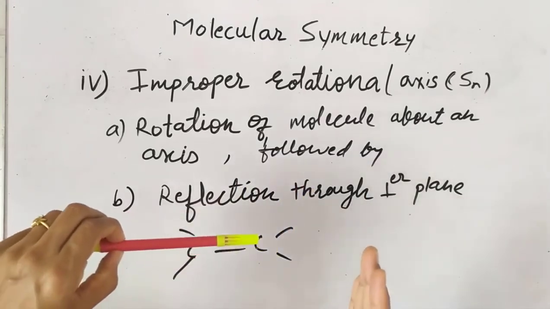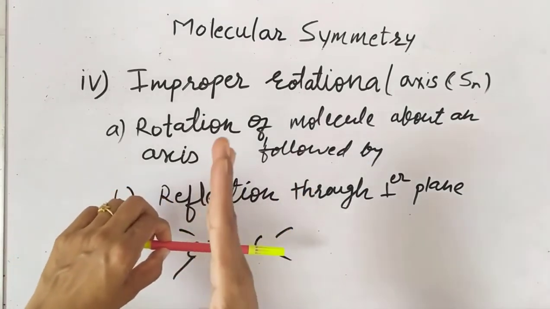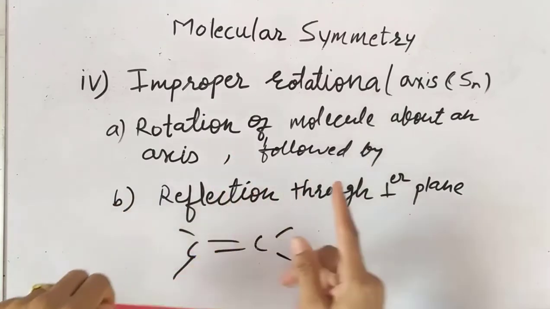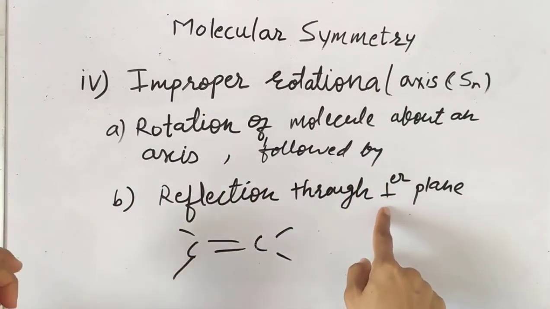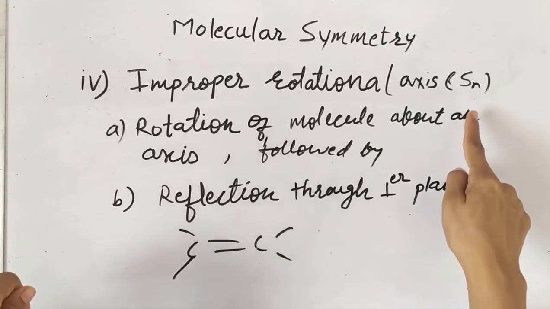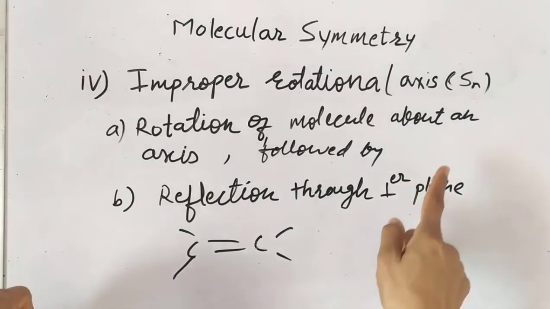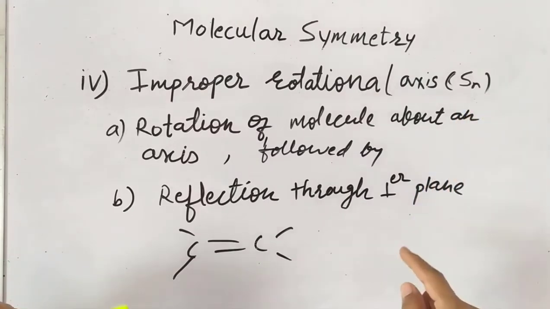You can see that this rotational axis and this plane are perpendicular to each other. You can never choose a parallel plane for Sn. You have to use the perpendicular in order to get the Sn. Okay, going back and looking at the same example, you can get this in detail.